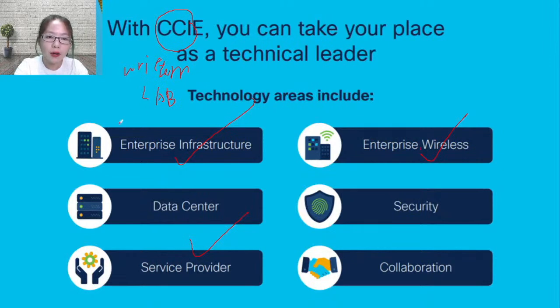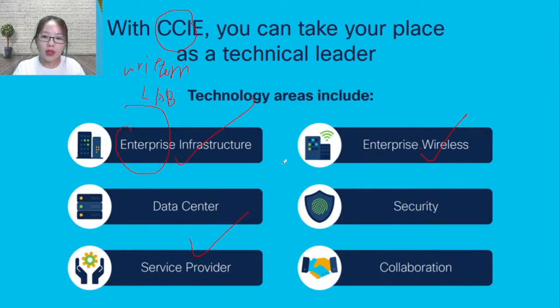Okay, we can see it. The enterprise infrastructure, I will introduce its detail. These tracks certify professionals who work with complex network infrastructure. It tests their planning, operating, and troubleshooting skills.